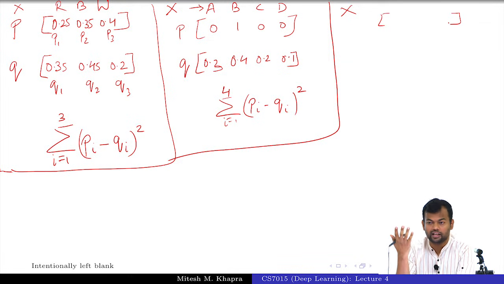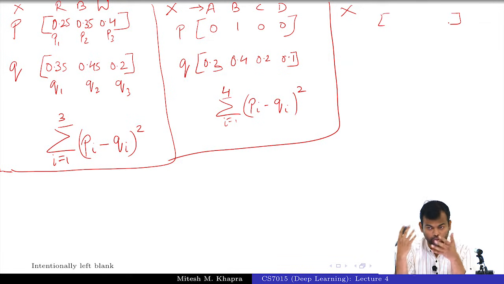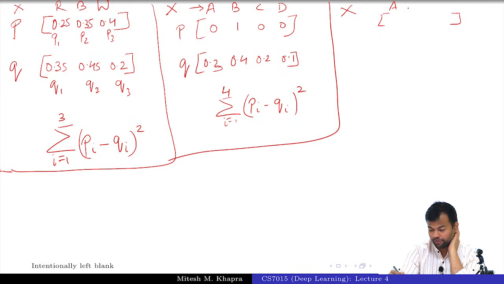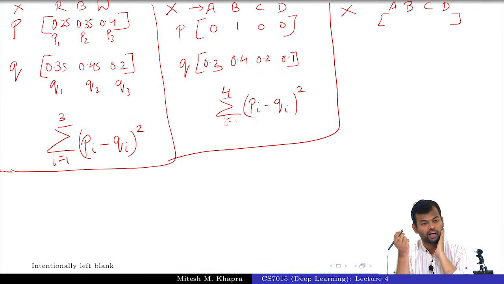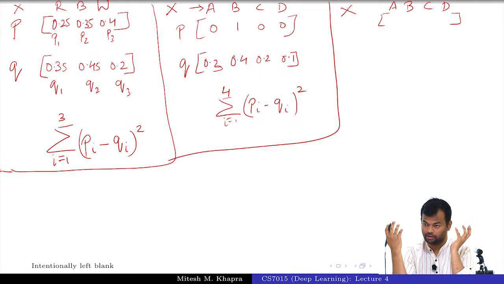Suppose you're trying to take a picture of fruits and you're trying to classify them. I could again think that I have 4 fruits, say apple, banana, cherry and dragon fruit, and this random variable can take one of these 4 values depending on the image that I'm seeing.